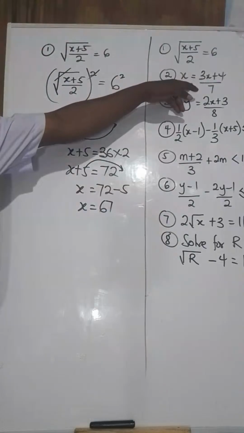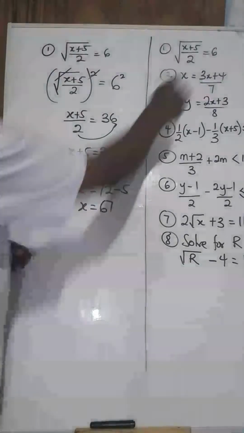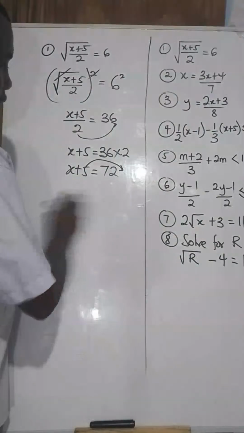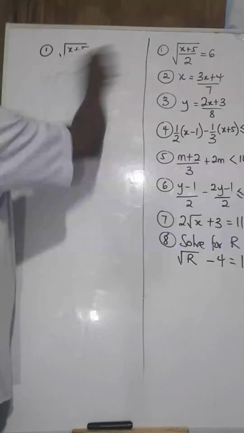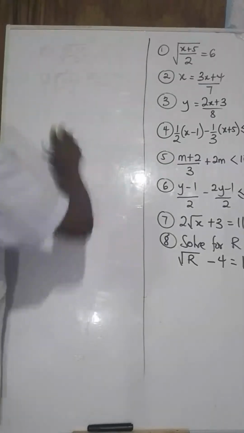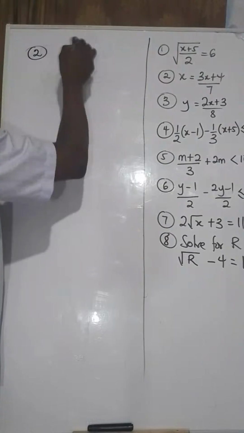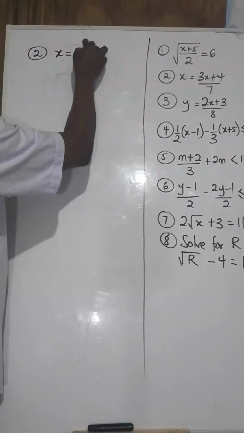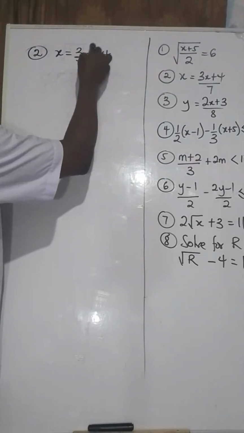Now the next one, I want to look at the second equation here. The second equation here, we have x = (3x + 4)/7.